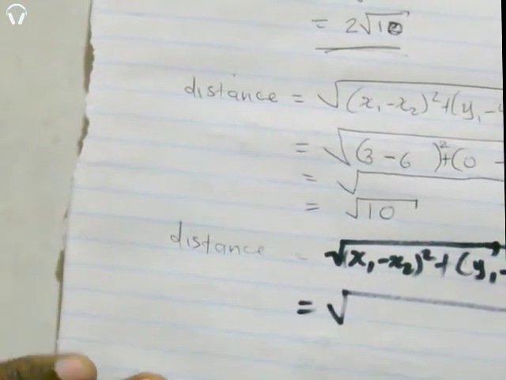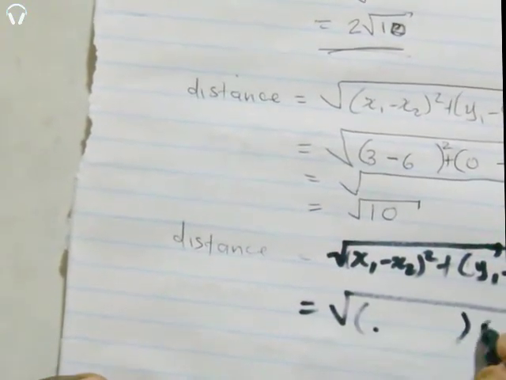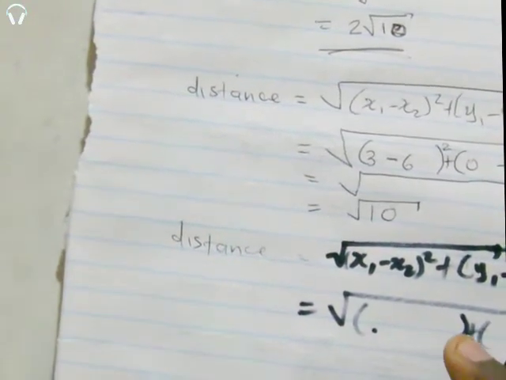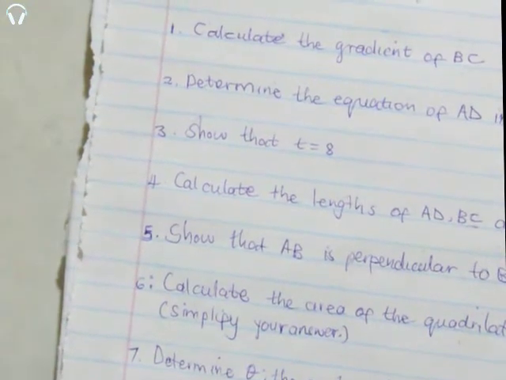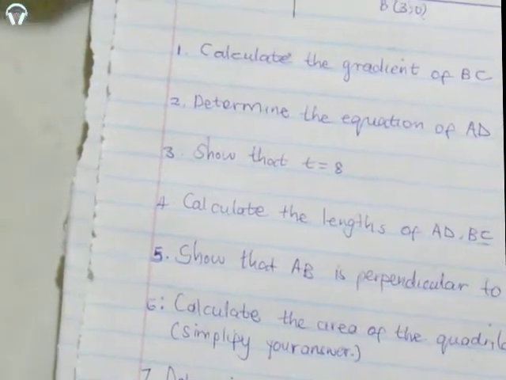From here we plug into our formula. We choose between the two points which is x1, y1 and which is x2, y2.